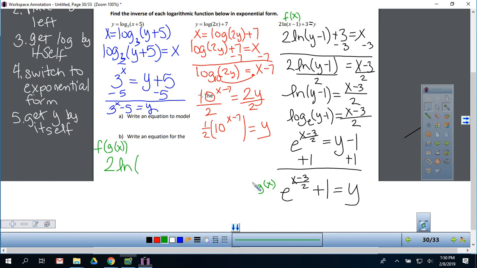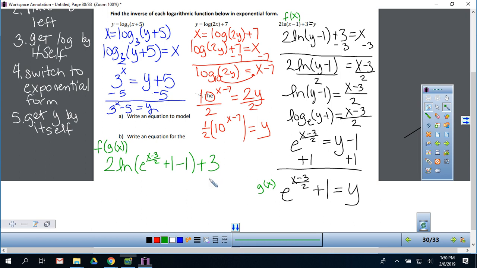So in for x, we're going to put this mess: e to the (x minus 3) over 2, plus 1, minus 1, plus 3. Wait, I forgot my plus 1 again.